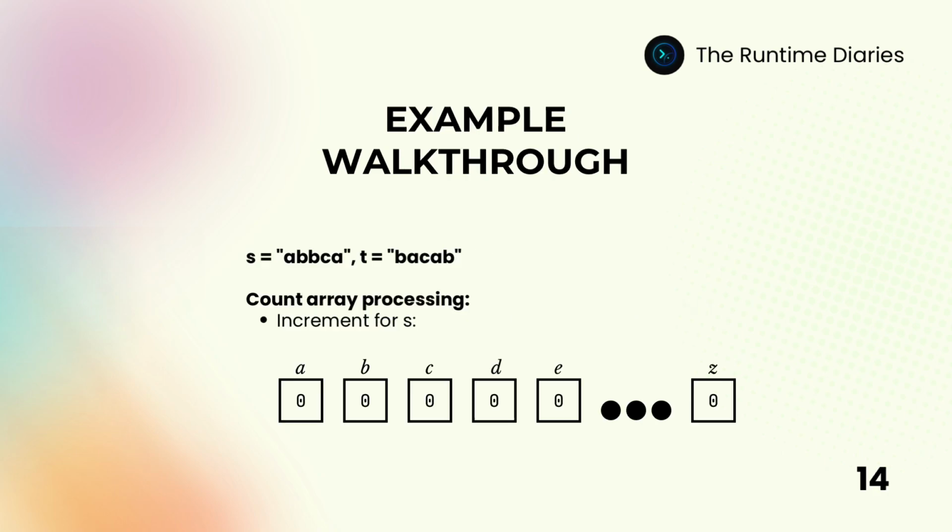Let's do a walkthrough. S equals A, B, B, C, A, and T equals B, A, C, A, B. When we count, S bumps up the frequency array.